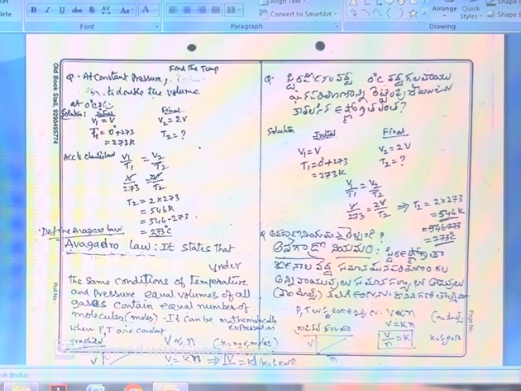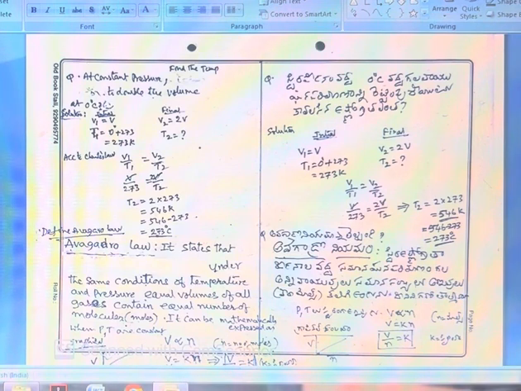That means as V increases, the moles also increase, and when V decreases, the moles also decrease. So, it can be written that when P and T are constant, V is directly proportional to N, where N is the number of moles. V is equal to K n, so V by N is equal to K.